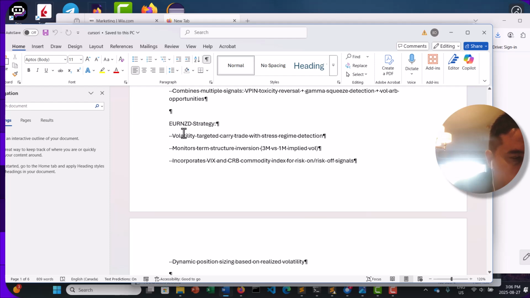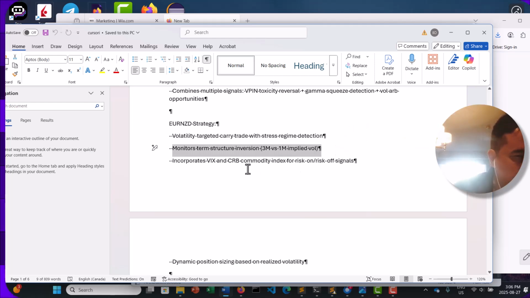The retail Forex brokers won't provide this. Monitor term structure inversion, I believe it's 3 month versus 1 month implied volatility. Again, because each of these currencies, the euro and New Zealand dollar, have options and futures available because they're part of the G10.